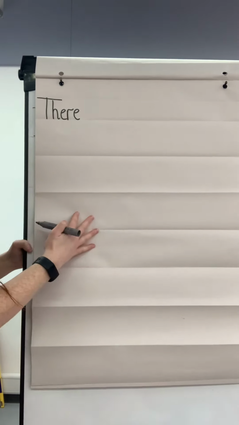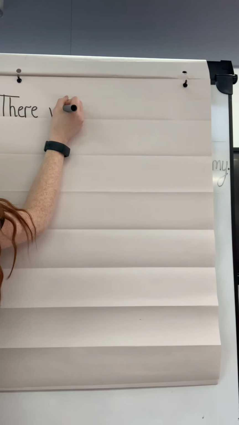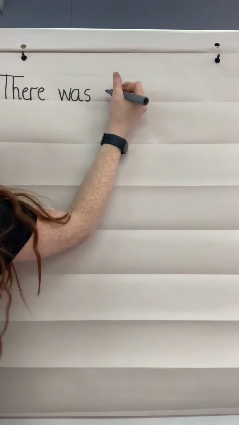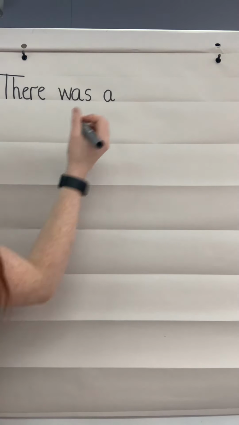There was is our next word. So we need a finger space between our words. Was another tricky word, because that A and S is making a different sound to what it would usually. It's making O and Z. There was, finger space, A. Then we're thinking about our knock from today. Is it GN or is it KN? It's KN.